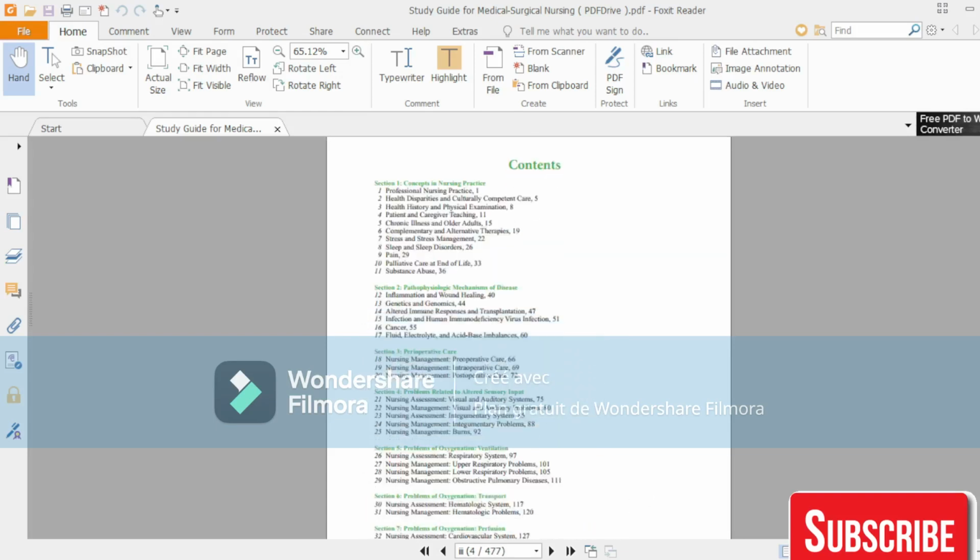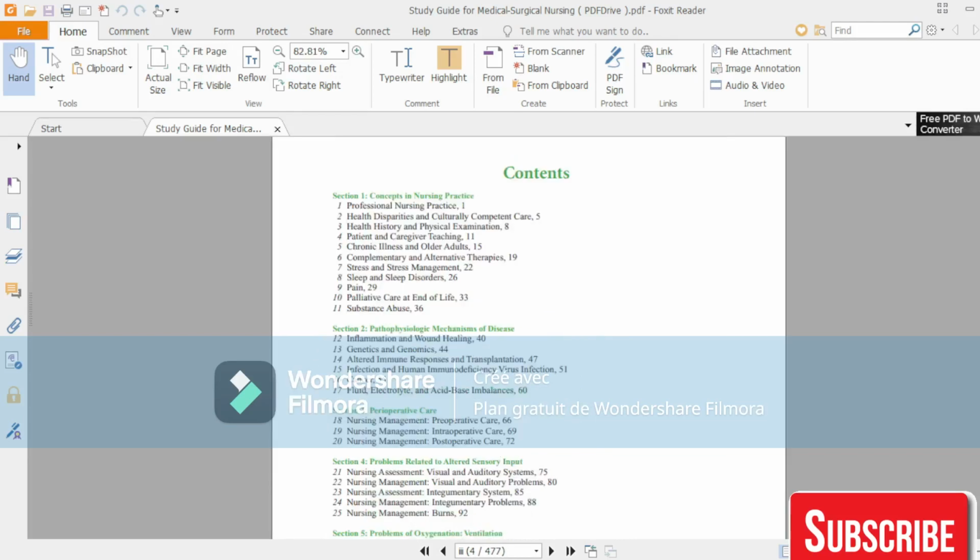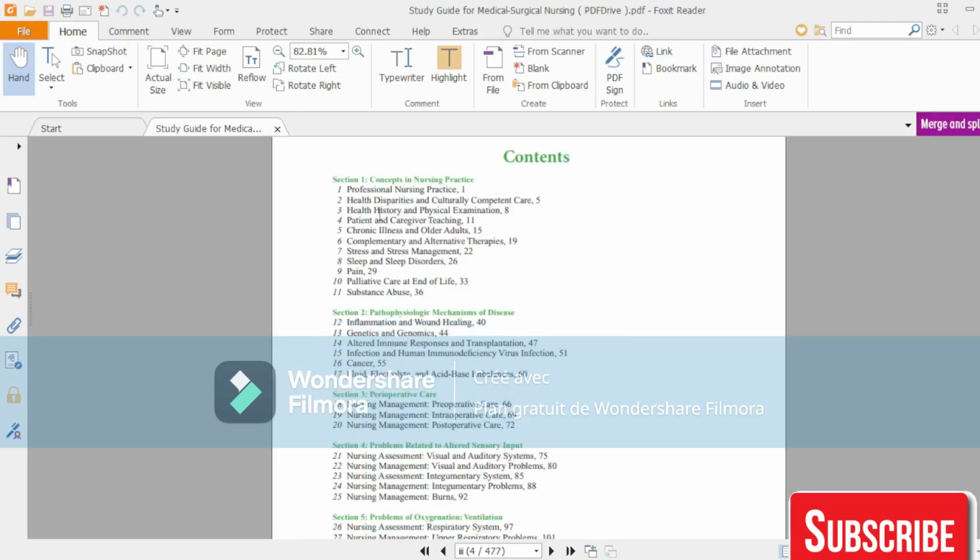So we move to the content here, as you can see. For section number 1, concepts in nursing practice, we have for the first one, the professional nursing practice. And the second one, health disparities and culturally competent care. Third one is health history and physical examination.